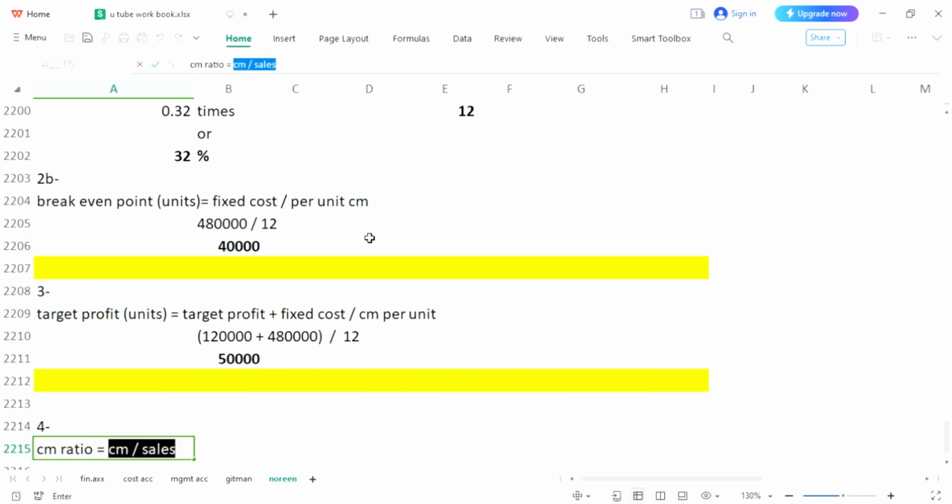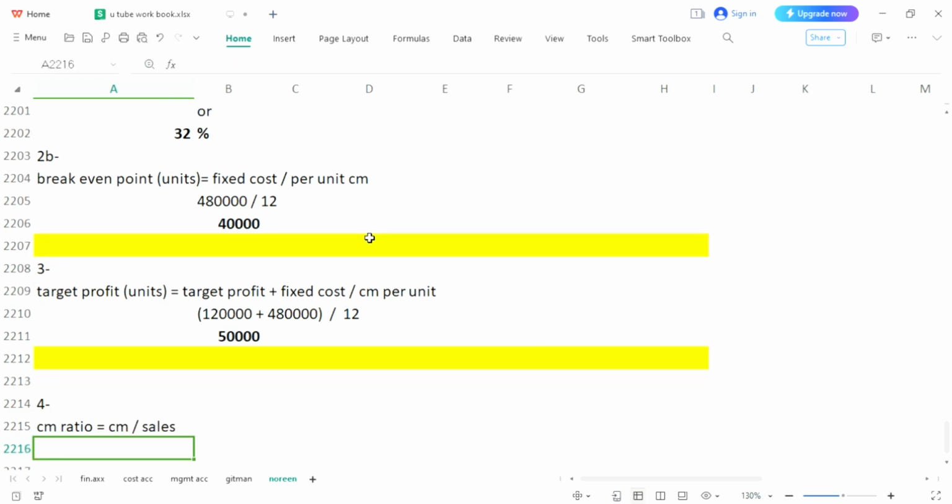How do we calculate? CM ratio would be CM divided by sales. The initial CM ratio was 0.4, and we need to calculate it in a term where your CM and sales will get 40%.